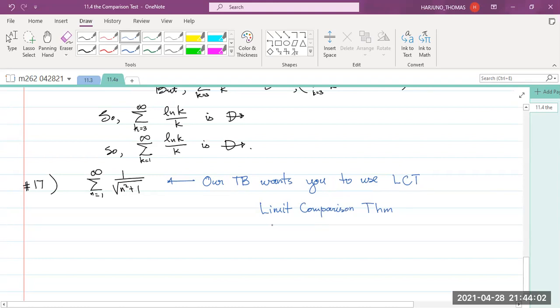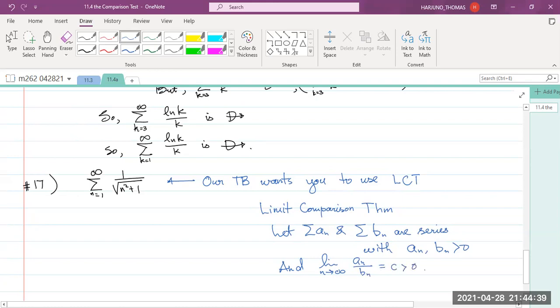Let the series a sub n and series b sub n be series with positive terms, and the limit as n goes to infinity of a sub n over b sub n is a positive constant c, where c is positive and finite.